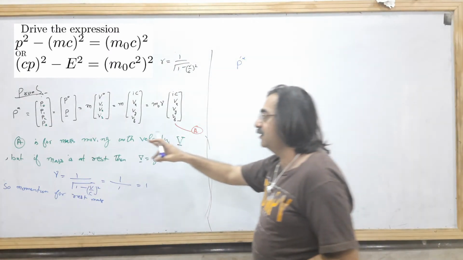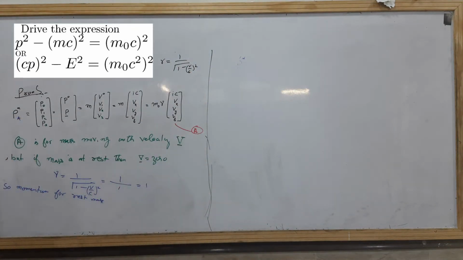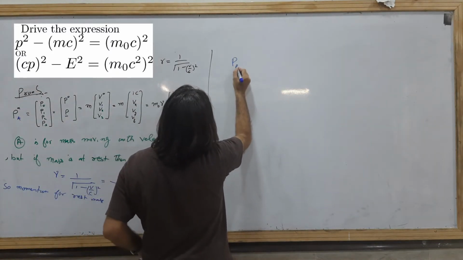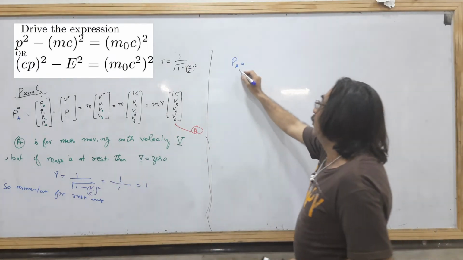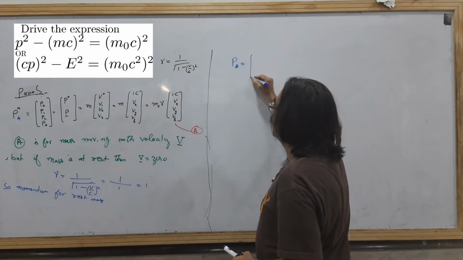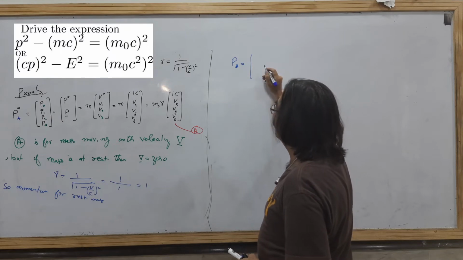There are two ways: in the previous we wrote PA, we may write this is PA and this is PB. That's up to you. If I write PB for the rest mass, if that is B, what will be the rest mass momentum?